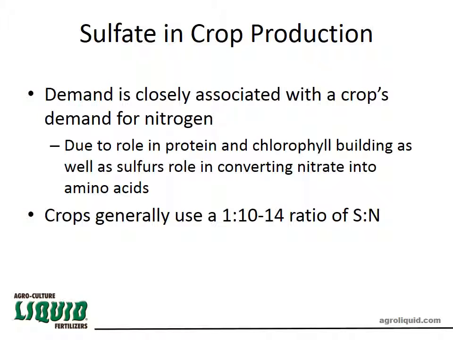This is due again to that protein and chlorophyll building, as well as sulfur's role in converting nitrate into amino acids. However, sulfur is not used in quite the quantities that nitrate or nitrogen would be used in. So we typically use a ratio of about 1 to 10 to 1 to 14 of sulfur to nitrogen.